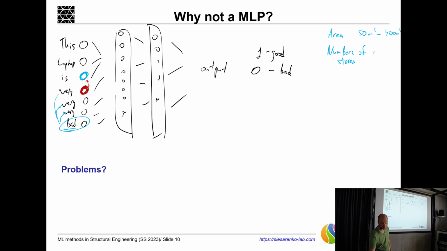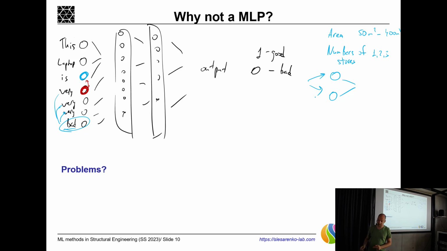The number of stores is something like 1, 2, or maybe in an extreme case 3. So in this case, you have one neuron that trains for the area and one neuron that trains for the number of stores. And when you train them, you cannot switch them like that. You cannot say, okay, now I put the number of stores here and area here. You will get absolutely absurd results because each input node has its own sort of purpose. In the text, it's not like that. In the text, you can actually play with the positions. Therefore, it's actually quite bad.